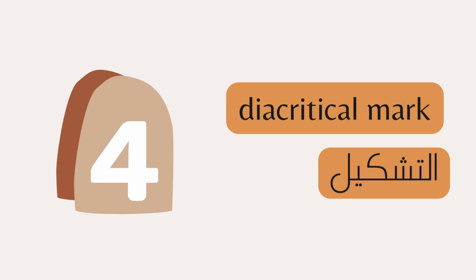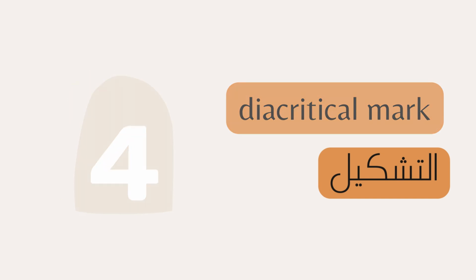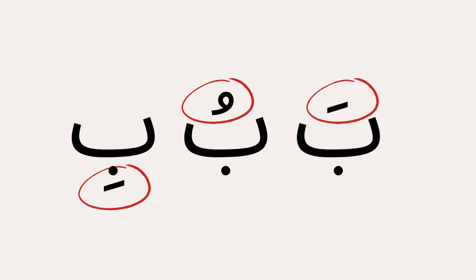The fourth critical point is diacritical marks, or التشكيل. Diacritical marks are somehow like vowels in English, okay?